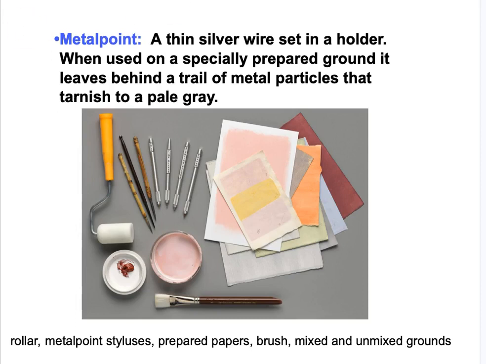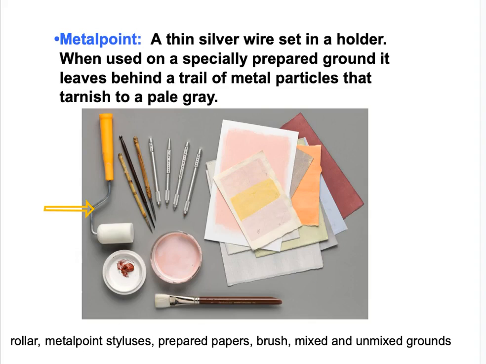So let's look at what we see in this image. We have a roller here. The roller is used to apply a ground to the paper that you're going to use. Remember, a ground, as I said on the first slide, is a preliminary coating of paint applied to the surface. Now, it's not always paint.